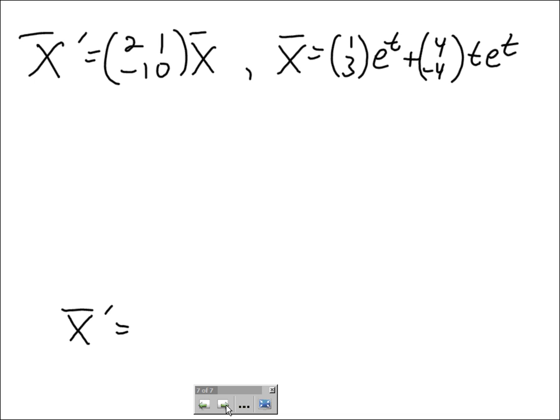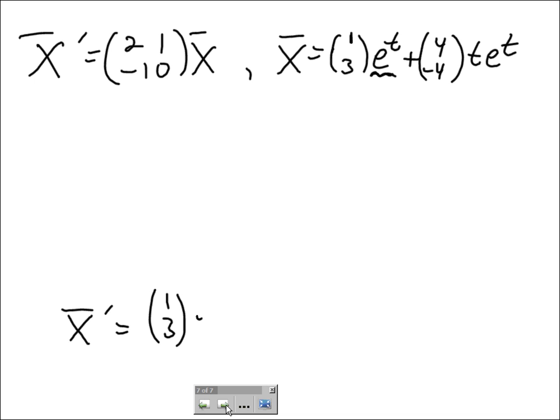The derivative of e to the t is just e to the t. So when you multiply e to the t by 1, you're just going to get 1 times the derivative of e to the t. When you multiply e to the t by 3, the derivative will just be 3 times e to the t.